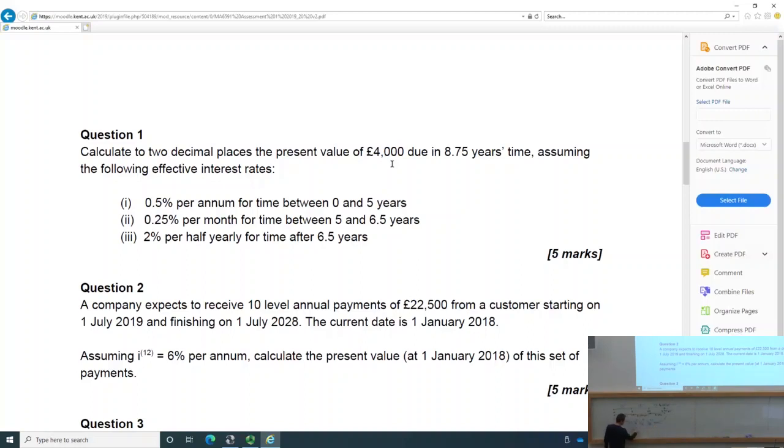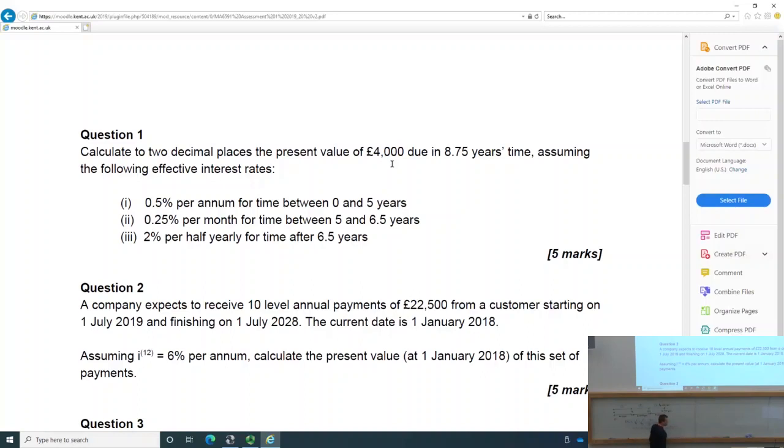So 4,000 multiplied by 1.005 to the minus 5 multiplied by 1.0025 to the minus 18 multiplied by 1.02 to the minus 4.5.